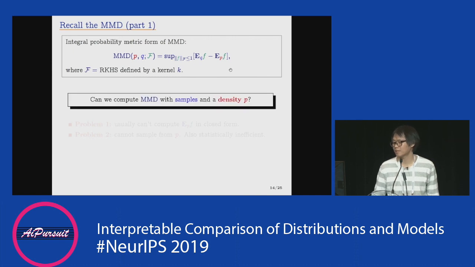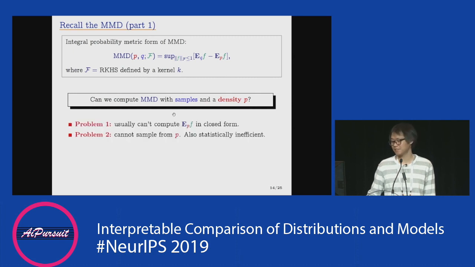It's usually difficult to get the expectation in the second term, because this is an expectation under the distribution P, and we don't have samples from P. Remember, we have an explicit model. And in practice, the model is going to be complicated, like, for example, a restricted Boltzmann machine. Probably you can't get the exact expectation in the second term.